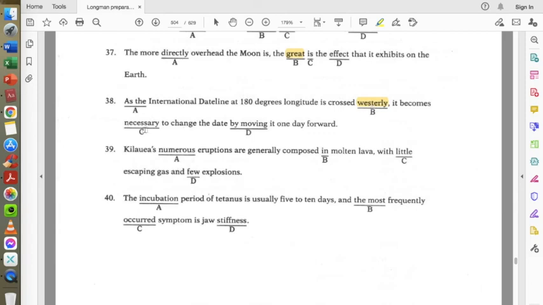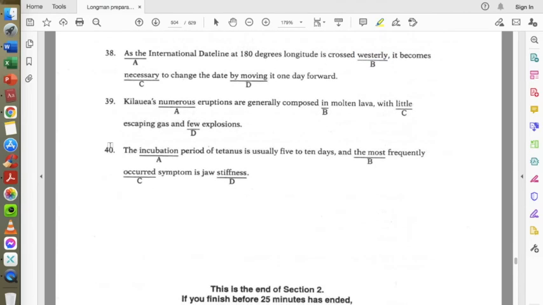Well, it becomes necessary to change the date by moving it 1 day forward. That's fine. As the international date line is crossed westerly, seems fine to me. I'm going to look at the answers on that one.